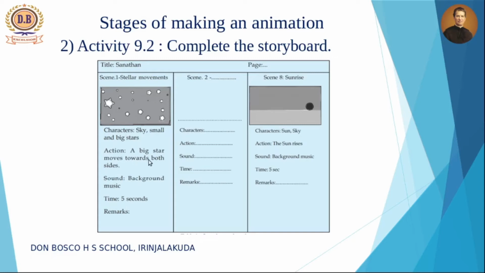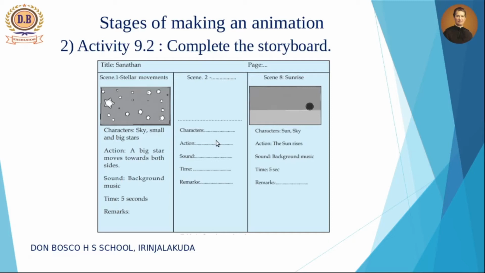And sound, we can give a background music for that movement of star. And the time, we can provide a suitable time in order to move that star. Here the time is 5 seconds. So this is the preparation of storyboard. Here it is scene 1 and you can prepare scene 2. You can give any action, any characters according to that story.